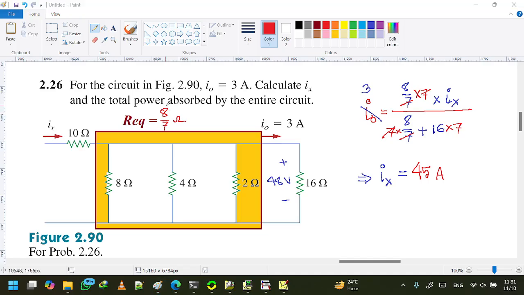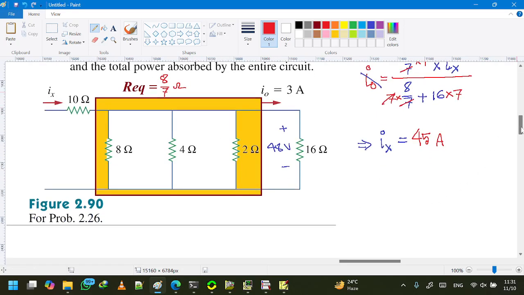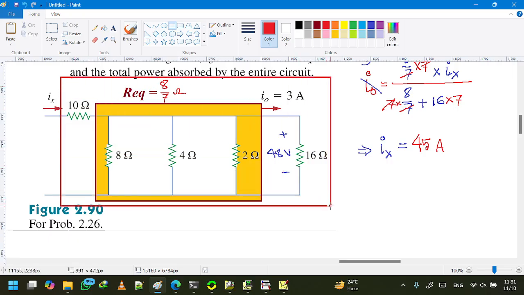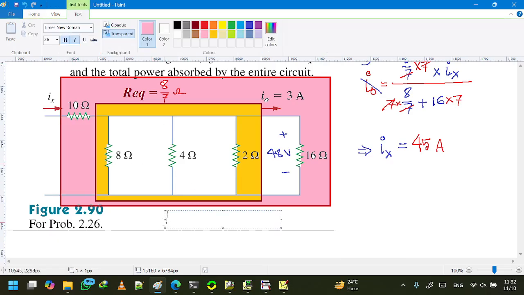In the next part of the question, they asked about the total power of the circuit. So we see that the equivalent resistance of the whole circuit is the R equivalent of this whole thing. Let's call it R equivalent 2, because we have already used R equivalent once.